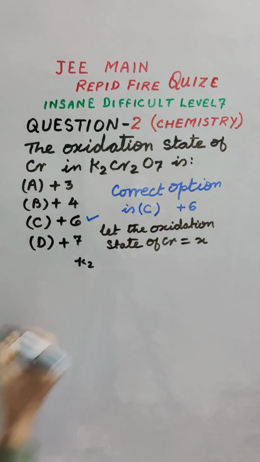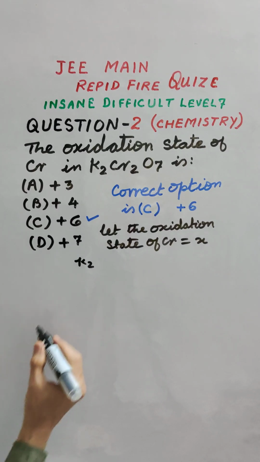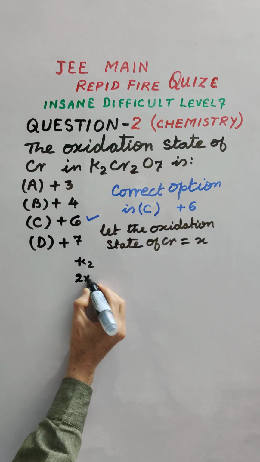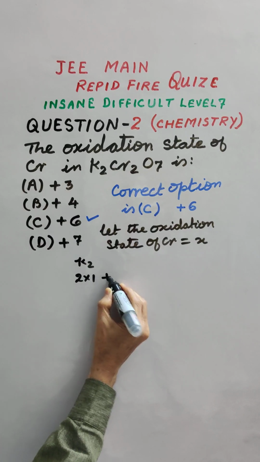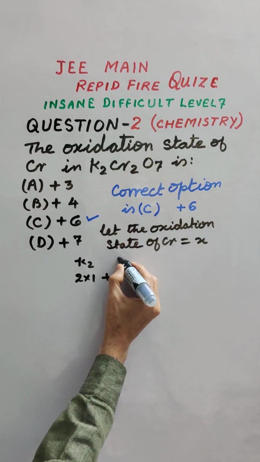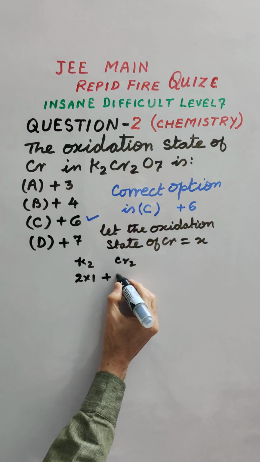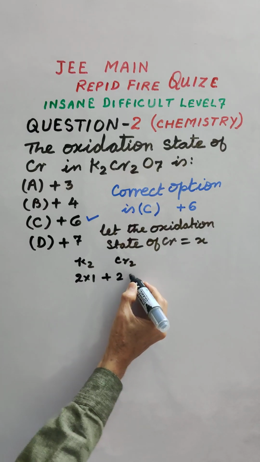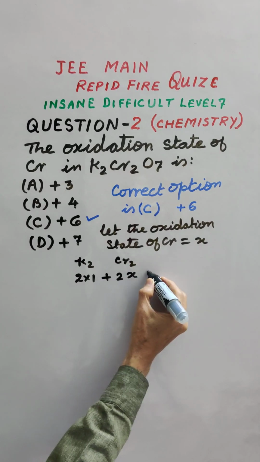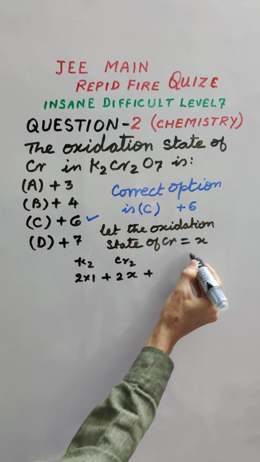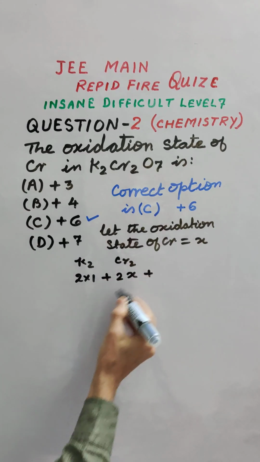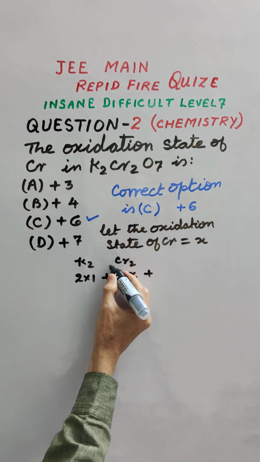K2 means 2 into 1, plus Cr2, 2 into X, plus the oxidation state of chromium is X. So this way it will multiply with 2.